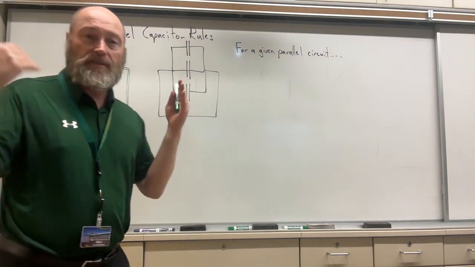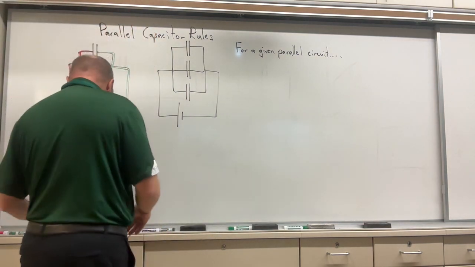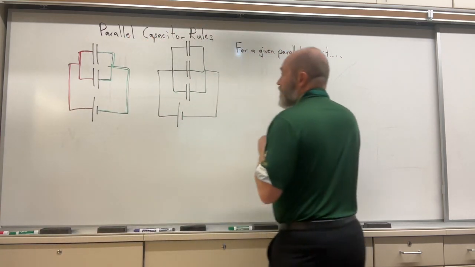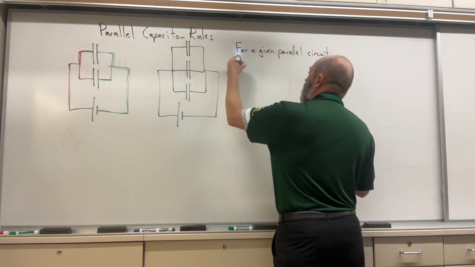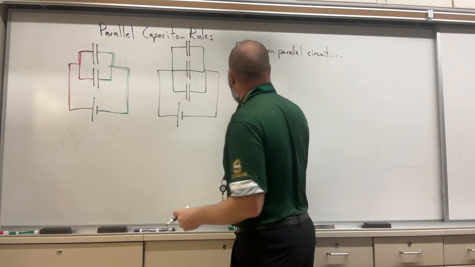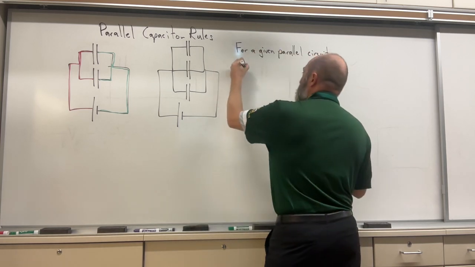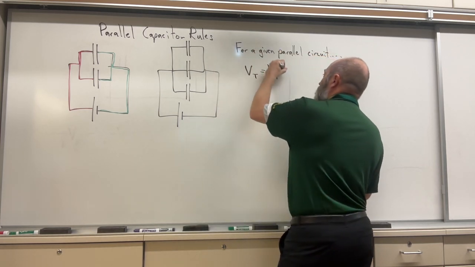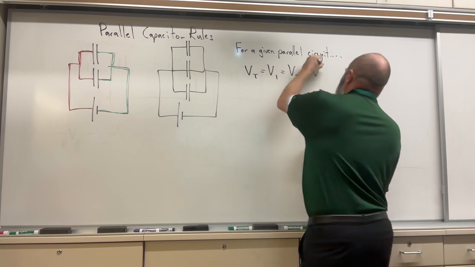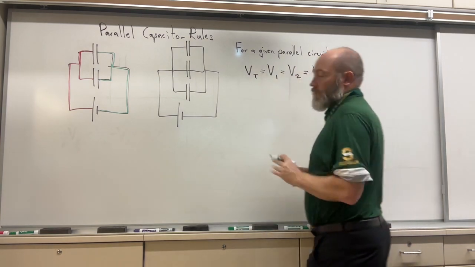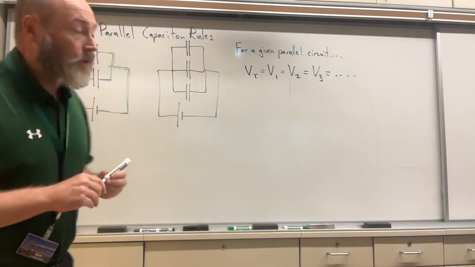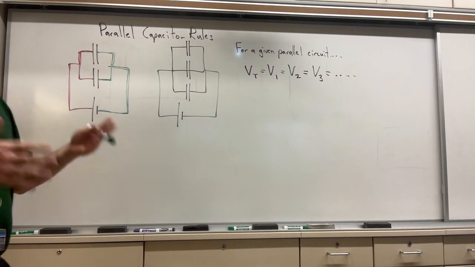The voltage has to be the same. For a given parallel circuit, voltage everywhere is the same. So in this case, Vt equals V1 equals V2 equals V3, and so on. Okay, so the voltage has to be the same for that reason.